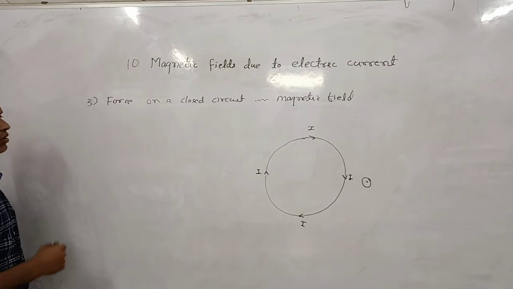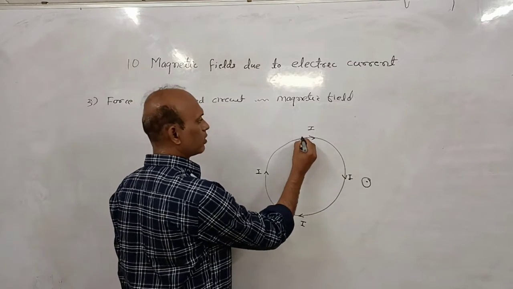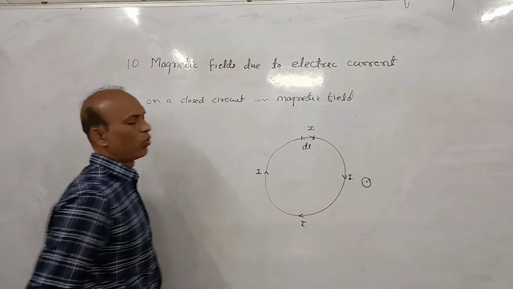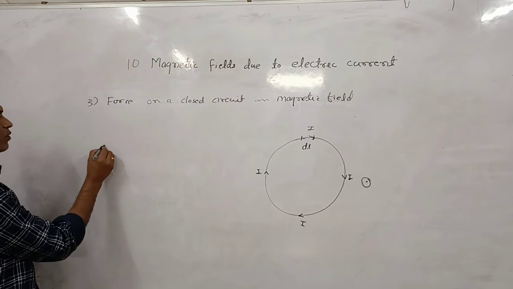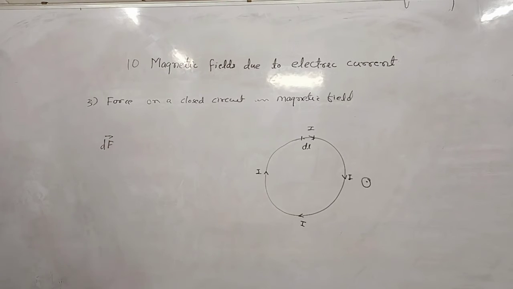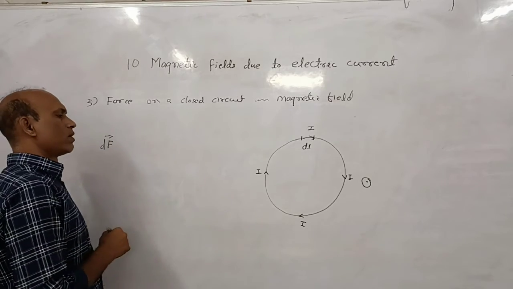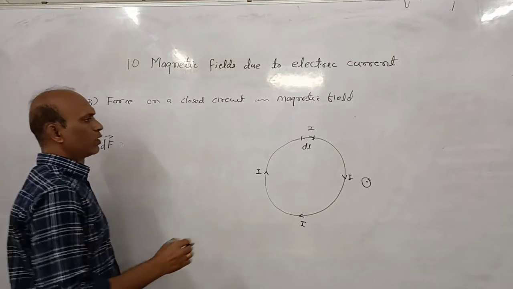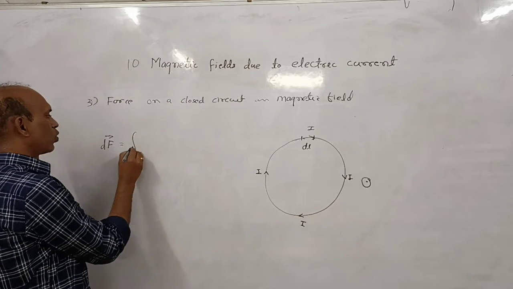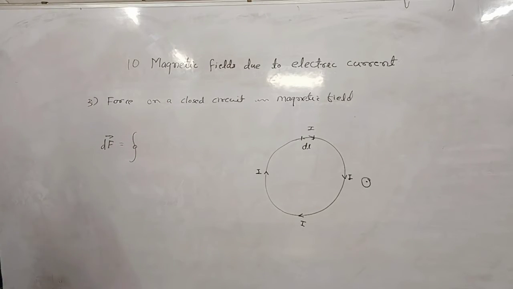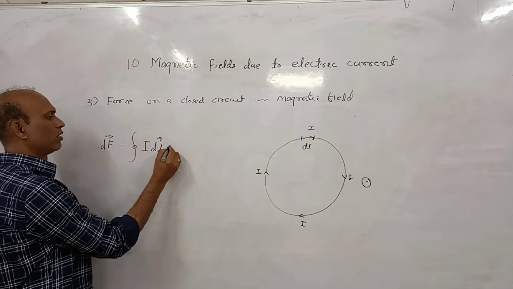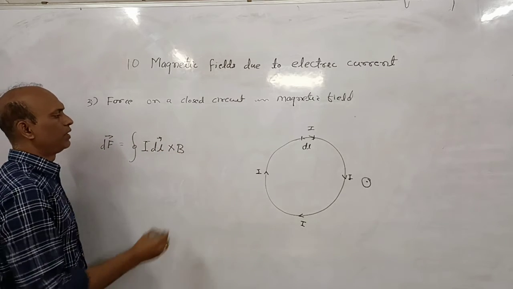If you consider a small element whose length is dl, it experiences a force dF. Because this is a closed circuit, we have to take the integration over the closed loop. That will be I dl cross B.